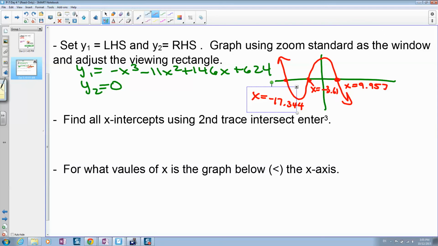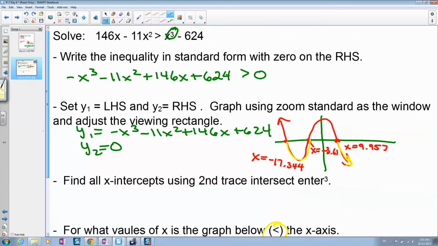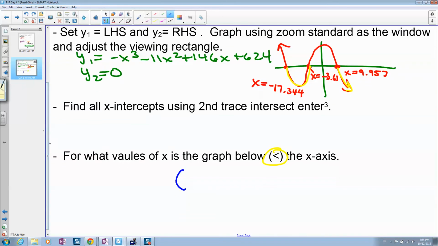Now, remember, since it's less than, we're going below, which means we're here, and then we're there. That's below the y equals 0. So our intervals are, and it's not equal to because it's just less than. Oh, sorry, it's greater than. Don't know why I said that.